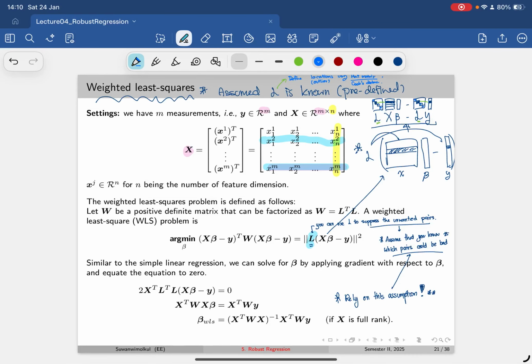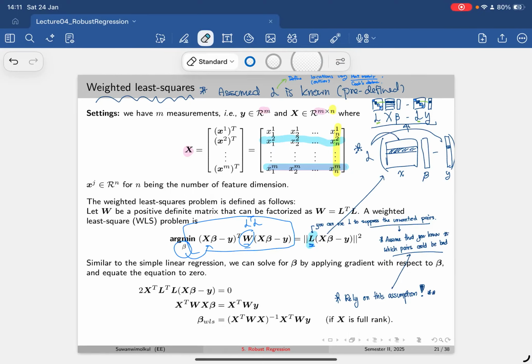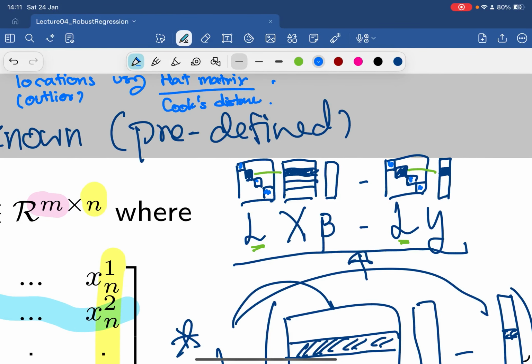And still with this weight L, the bill here is L transpose L. Therefore, you can estimate beta from this least square optimization. And of course, if you have this L, it suppresses the coefficients, it suppresses the data pair xj pair that you don't want.